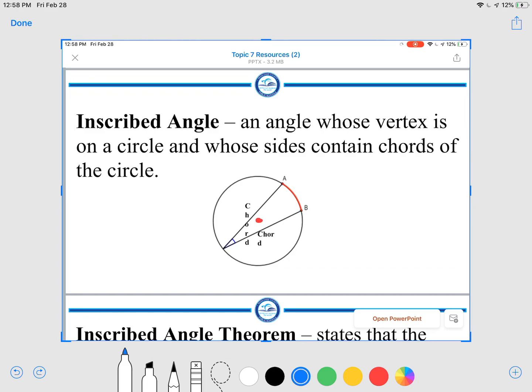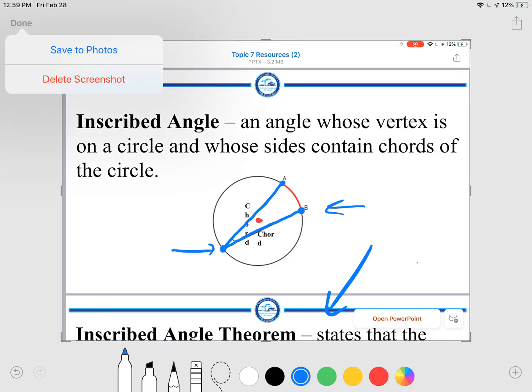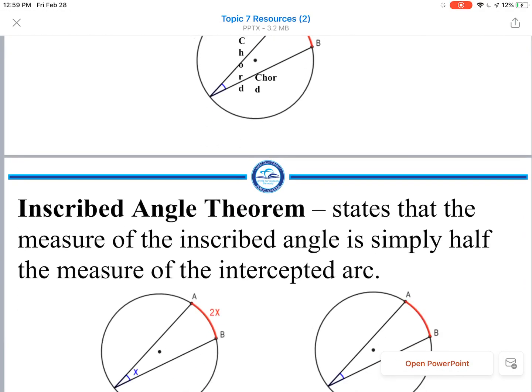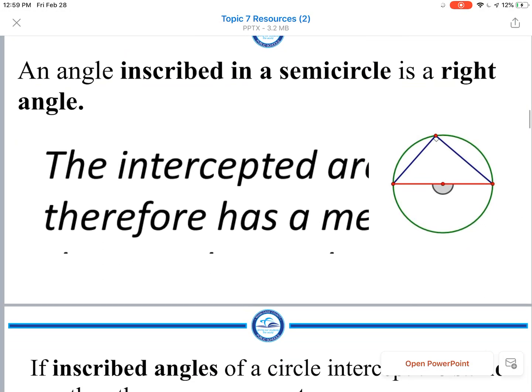Its vertex is actually on the circle, and then its two sides intersect the circle over there at A and B. So this is called an inscribed angle, and there's a very important theorem regarding inscribed angles. You can see it down there, but we're not going to talk about it yet. For now, we just want to know what it is: an angle whose vertex is on the circle, as opposed to at the center of the circle, like a central angle.